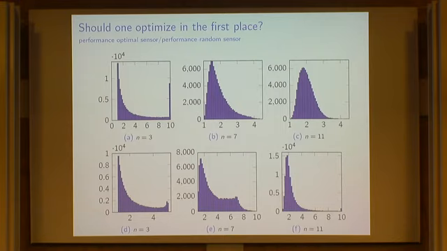Here I chose two matrices A of dimension 3, and I just compared the ratio of the performance of the optimal sensor by the performance of a random sensor. So sorry, it should actually be the opposite. I just looked at the trace of K, so the approximation error for a random sensor, divided by the approximation error for the optimal sensor that I had found using my method. And this is just a distribution over 100,000 draws.